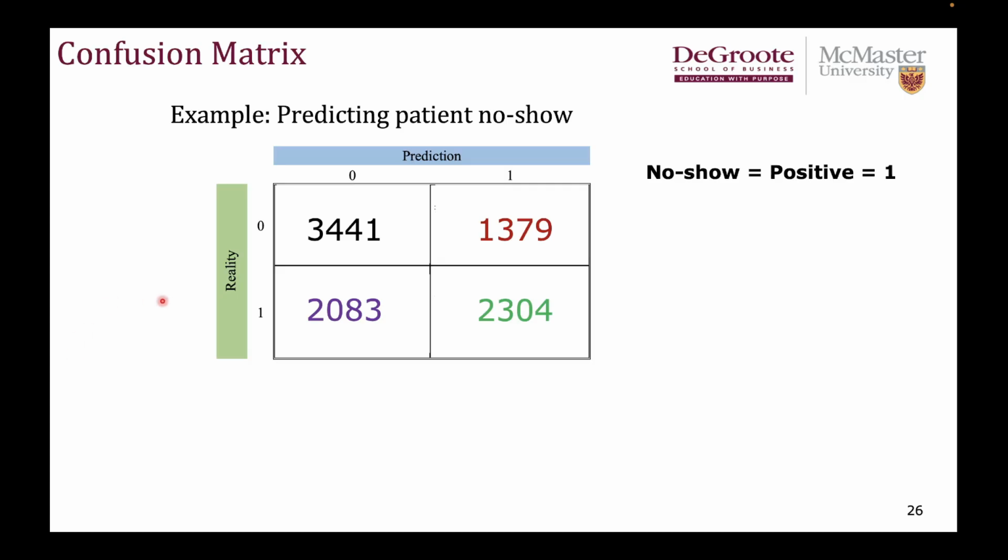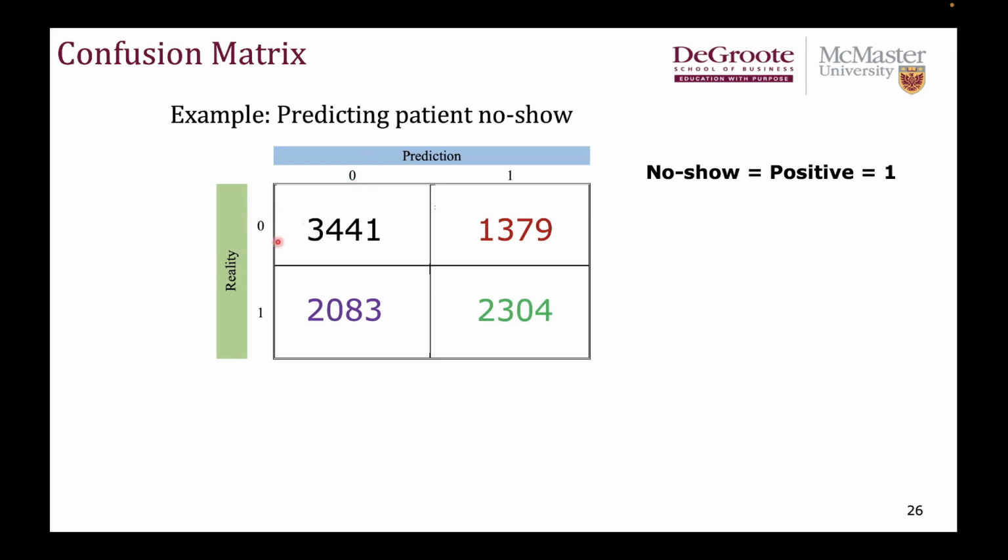It's actually quite intuitive. We have 4 numbers, right? Let's look at the top left number. It's for label 0 in reality and also label 0 for prediction. It means that there are 3,441 records that you predicted as zeros. I mean that they actually showed up, right? They are shows.